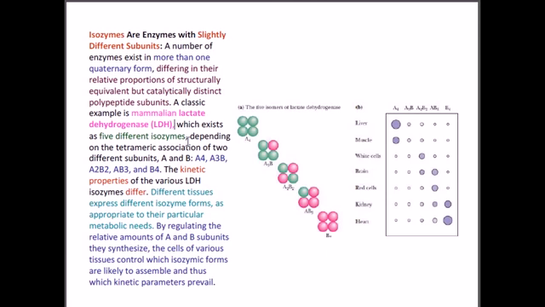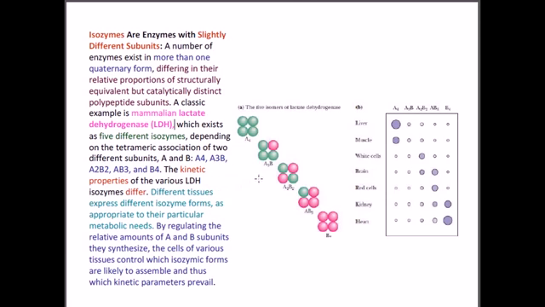Different tissues express different isozyme forms because it helps that cell work properly. That's the basic part.